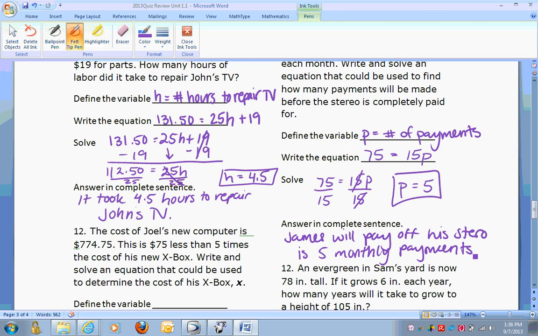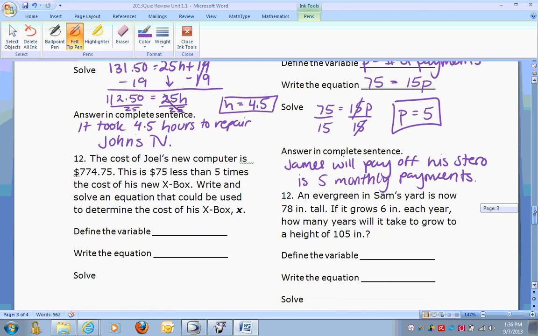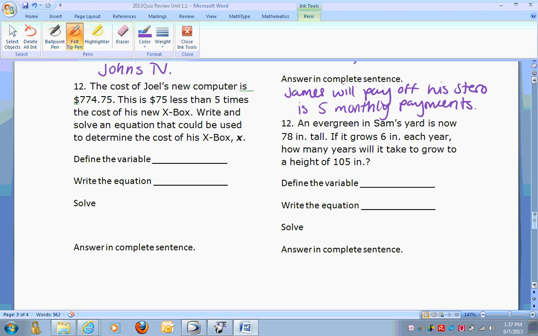Okay, next problem is saying that the cost of Joel's new computer is $774.75. This is 75 less than 5 times the cost of his new Xbox. Write and solve an equation that can be used to determine the cost of his Xbox X. Well, they tell us to define the variable. Well, the variable equals the cost of his Xbox.